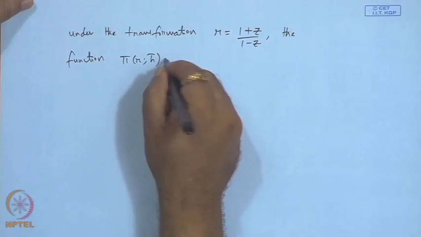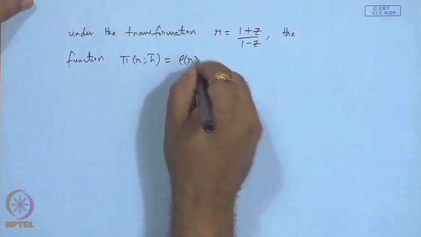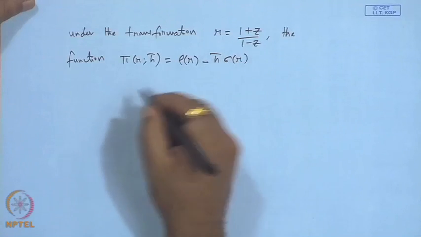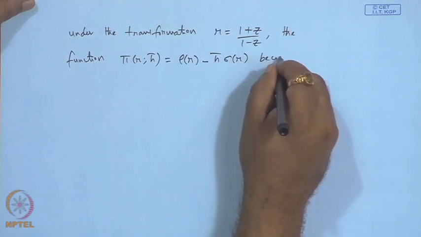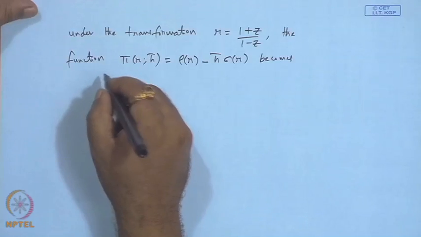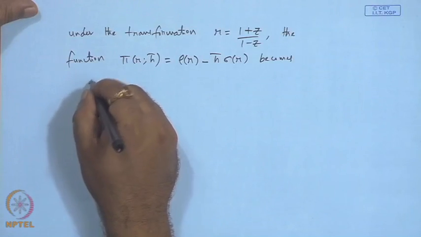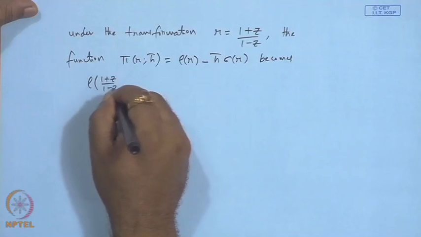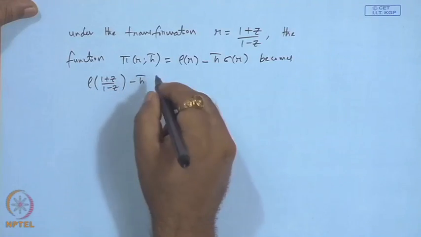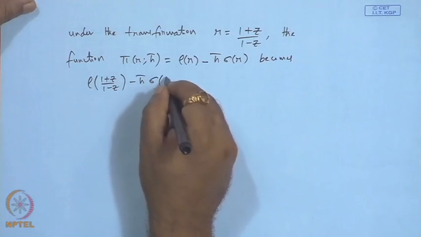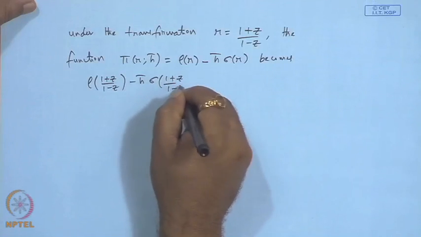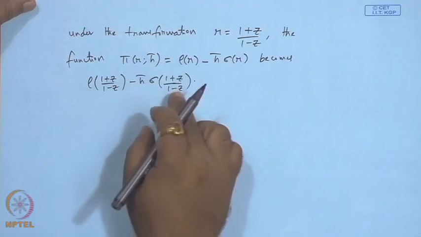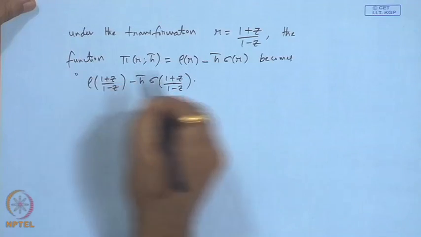So, what is this? This is our stability polynomial. So, this becomes, okay, this polynomial becomes this.